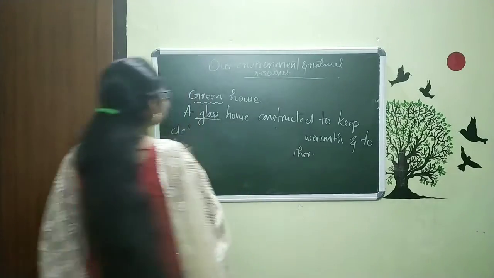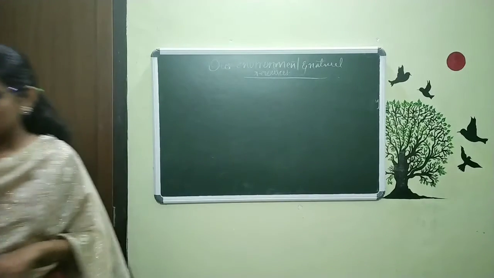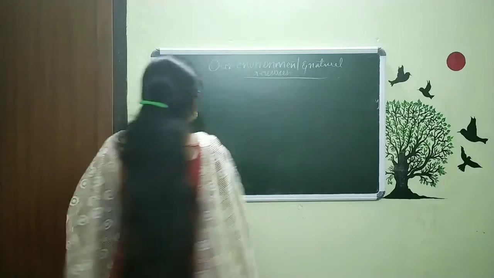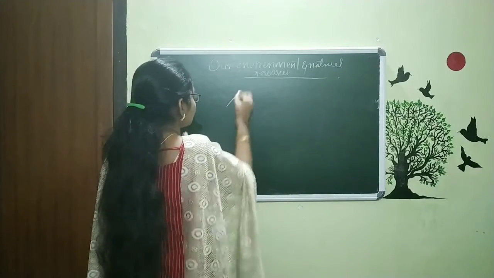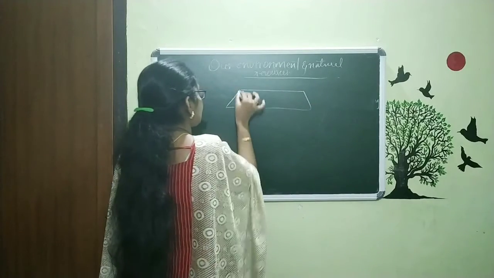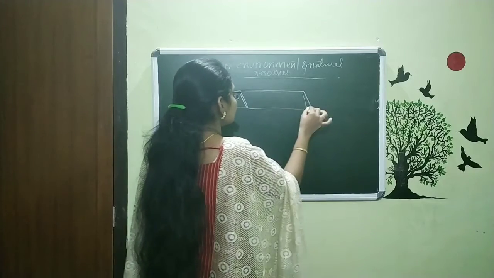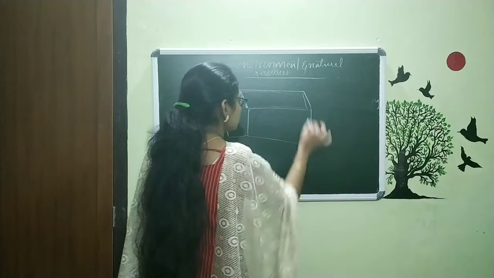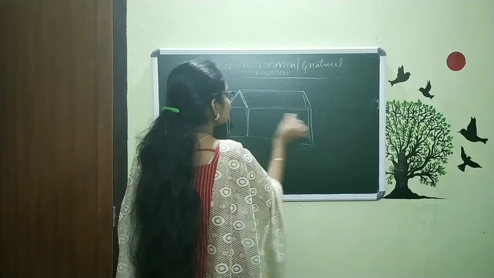I already said that this is made of glass. You can see a diagram in your textbook, and it is like this. One house, some frame is there, and all other space is made of glass.